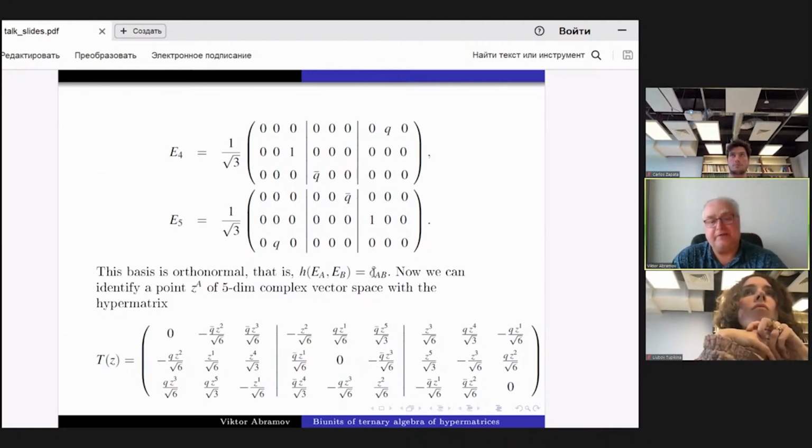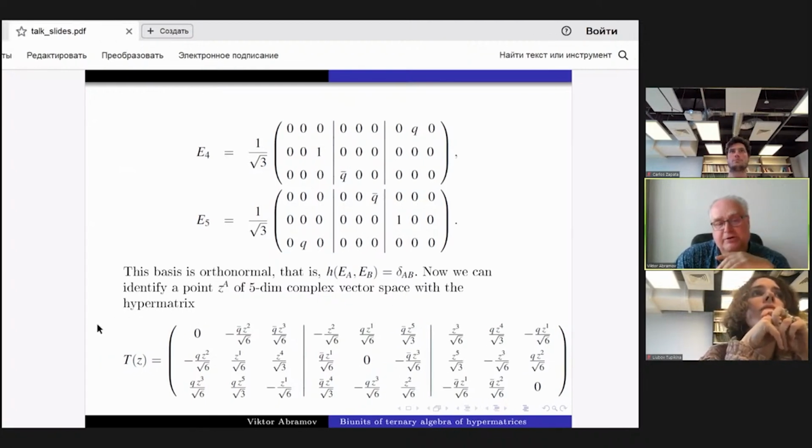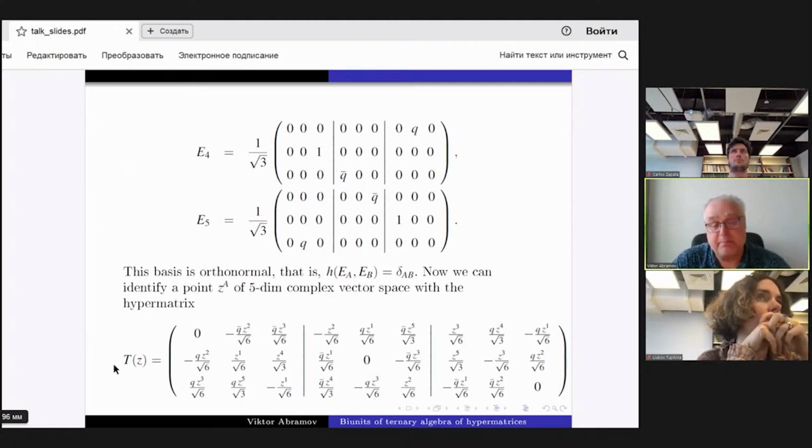And now I can identify any point of 5-dimensional complex vector space with a hypermatrix. So now I have an identification, or in other words, I parameterize the 5-dimensional space of q-cyclic hypermatrices by these 5 parameters. I call them coordinates.